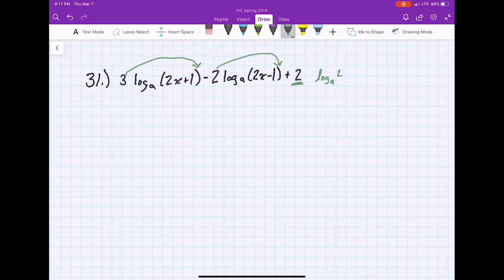Is this just log A2? Let me just write out this other part and come back to that part. So log A times the quantity 2x plus 1 cubed minus log A times the quantity 2x minus 1, and that's squared, plus log A2.